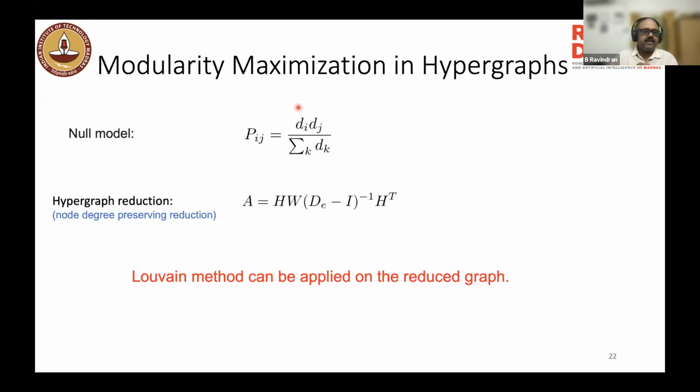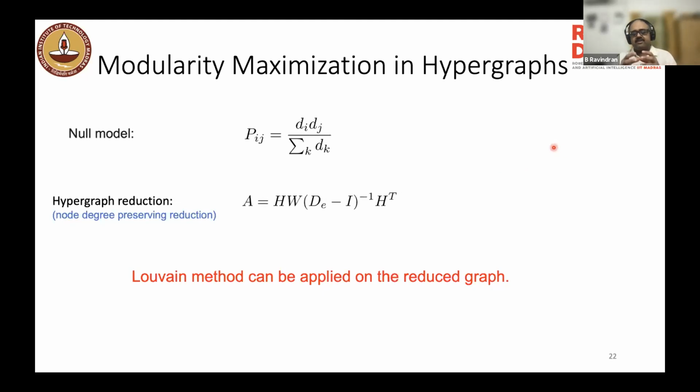what we did was we looked at a kind of reduction of a hypergraph to a regular graph. What I mean by regular graph is a graph where each edge connects only two nodes. And the way we derive this adjacency matrix is by doing a transformation which we call a node degree preserving reduction.